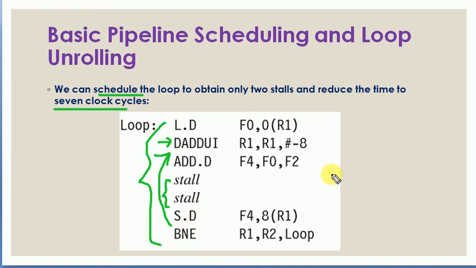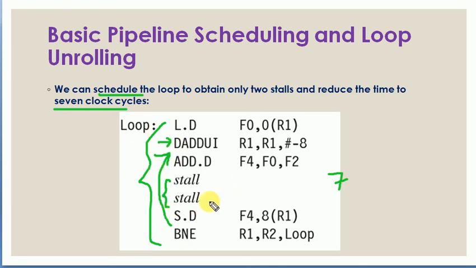So totally it is 7 clock cycles for one iteration, and for 1000 iterations it will be 1000 into 7, that is 7000 clock cycles. The previous example takes 9000 clock cycles to complete the entire loop, but if you make this change, 2 stalls are reduced for each iteration.